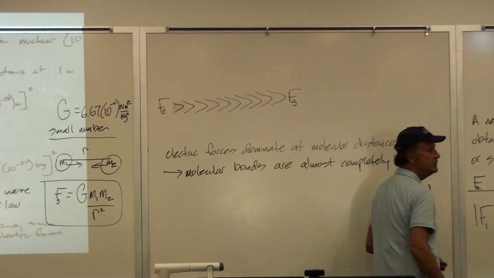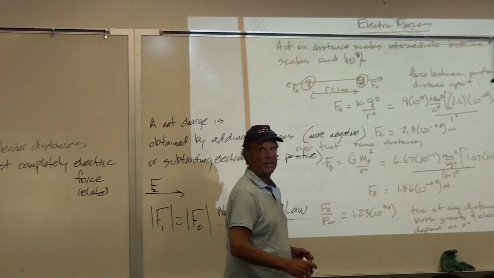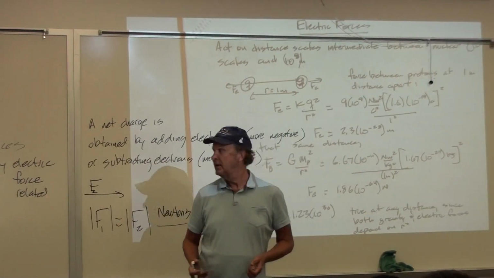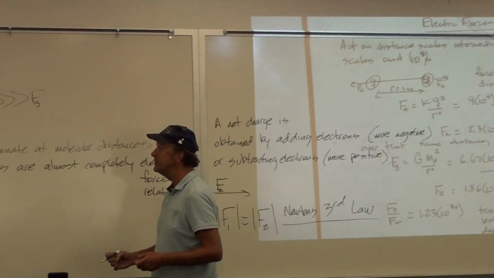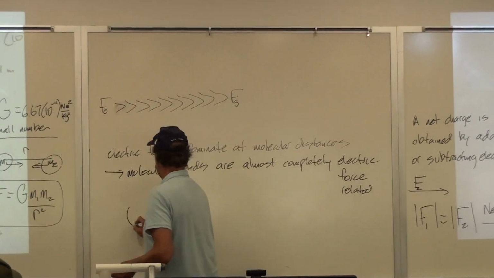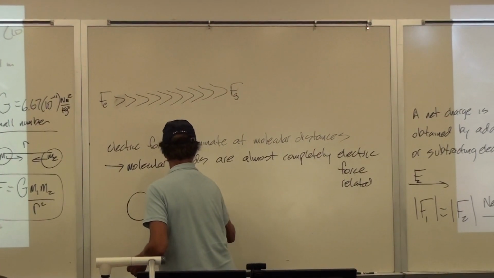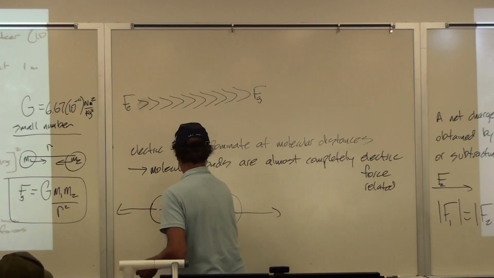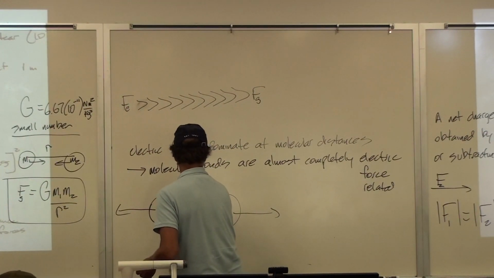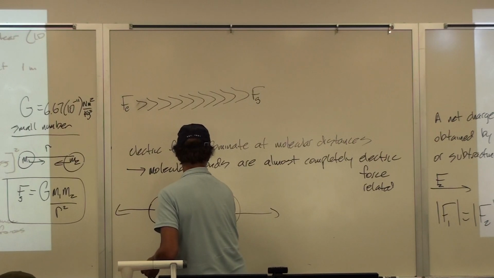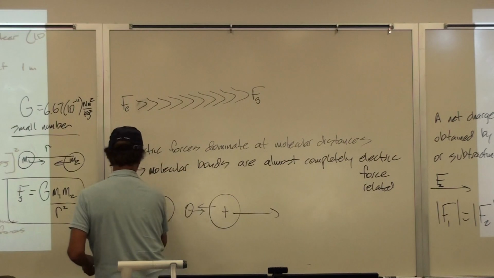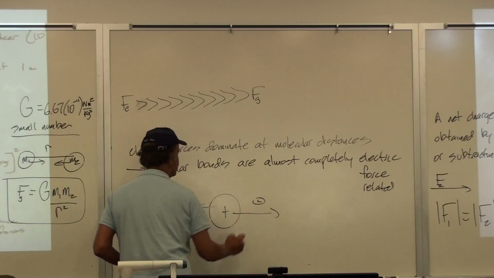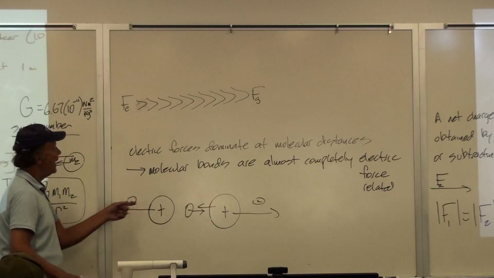And so if you want to determine whether an atom is going to become a molecule or not, it's a relatively simple process of just seeing how much positive repels how much positive, and how much negative attracts how much negative. So you look at all of the positive and negative forces in an atom, and you add them all up.